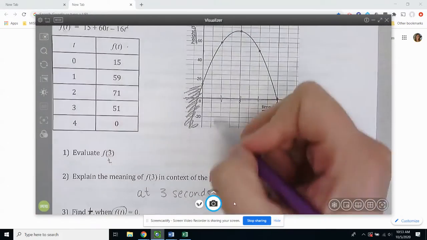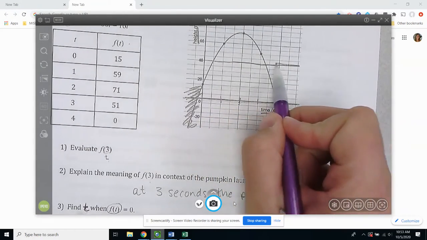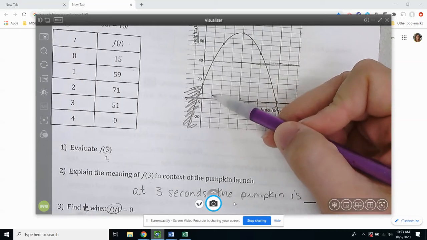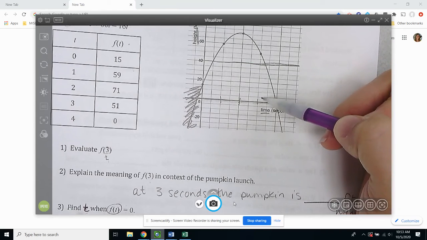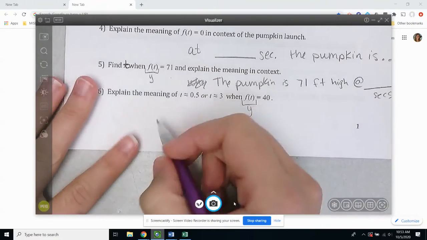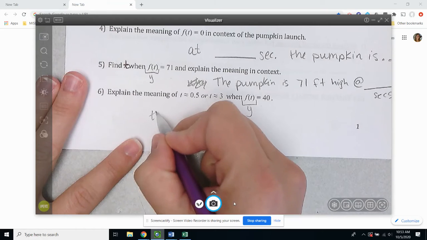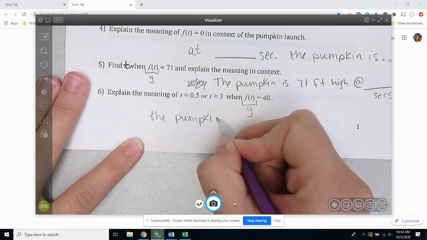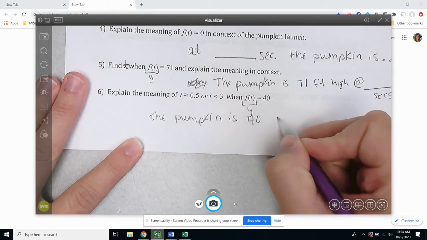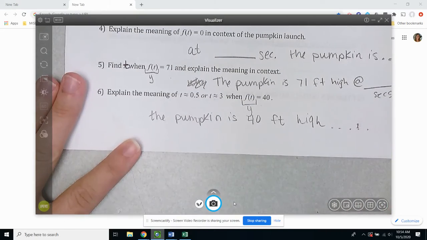So you go up to 40. So here's 40. And then if you go across, this is about a half a second, and this is at about 3. So it's asking you explain the meaning. So the meaning, again, fill in the blanks. The pumpkin is 40 feet high. And I'm going to let you fill in the rest of that.